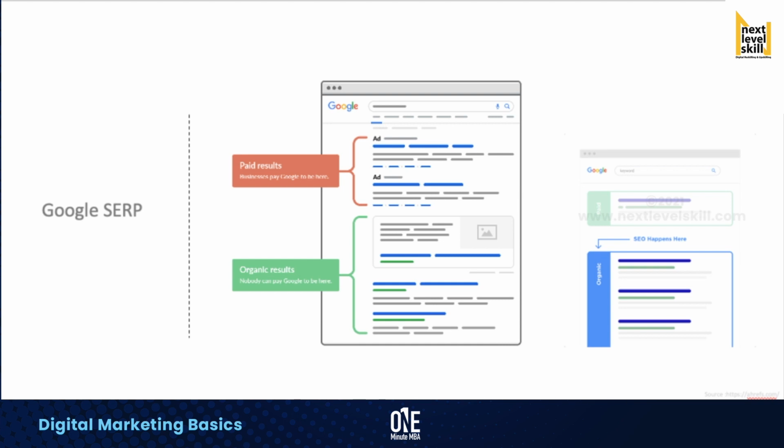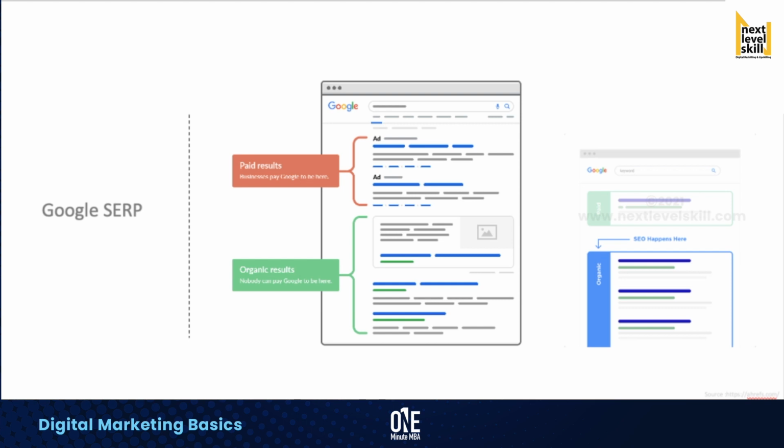Here we can divide this search result into two types. The red one is the paid search result, and the green one is the organic result.